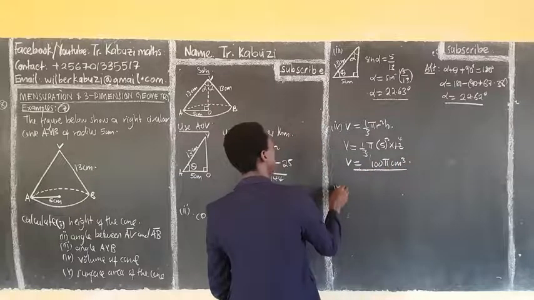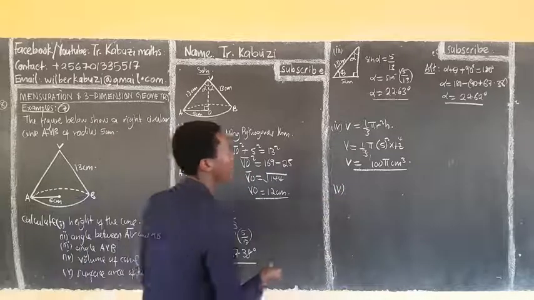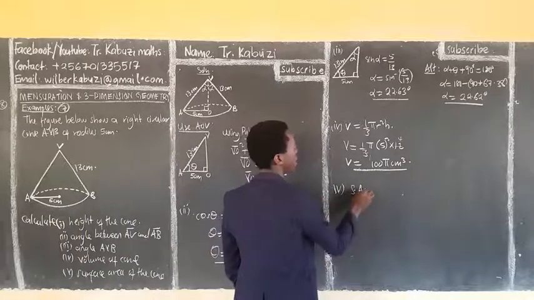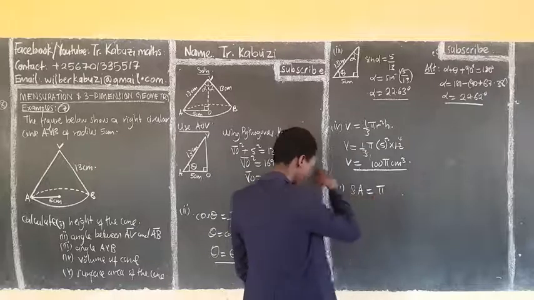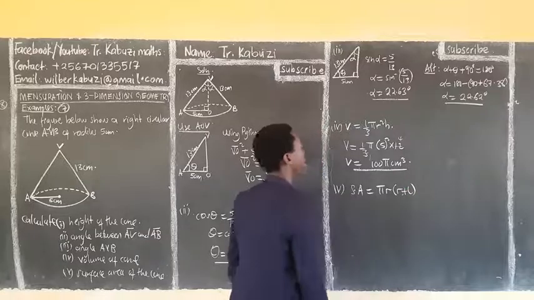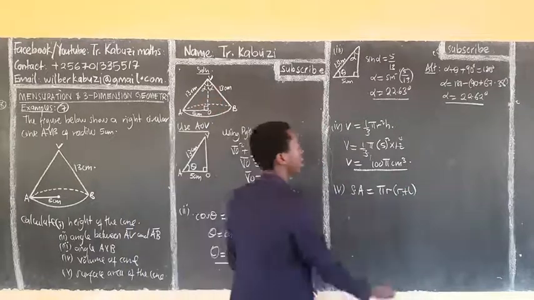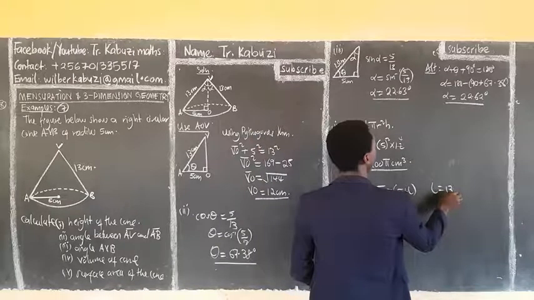When I come now, they are asking me to get the surface area of a cone. So now our surface area of the cone is given by pi r into r plus l, where l is the slanting side here. So you know that our l there is going to be 13.